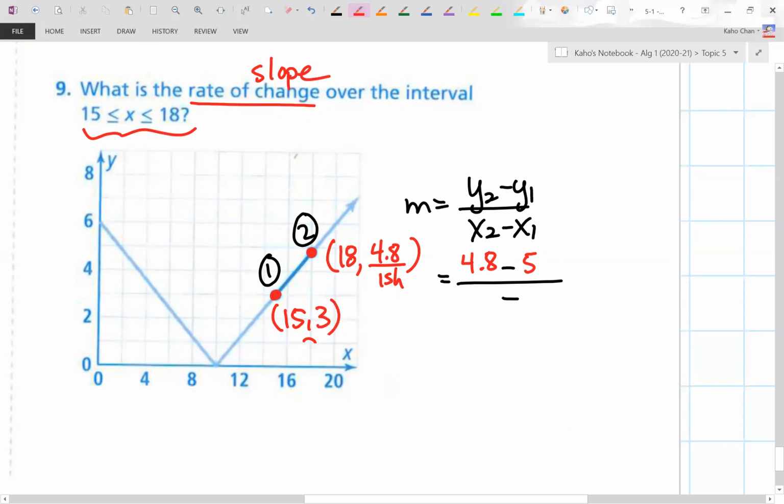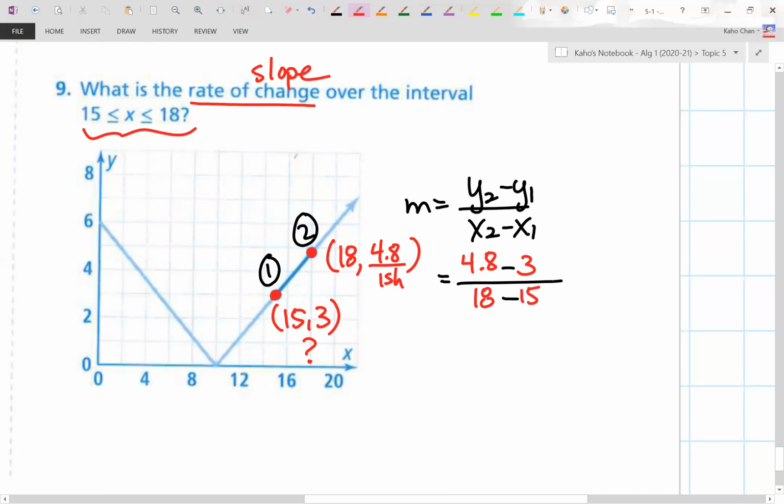That definitely is 3. Okay, so I don't know where I got 5. Let's put that in. 4.8 minus 3. Good thing I caught myself, yeah? That's definitely a 3. Over 18 minus 15.